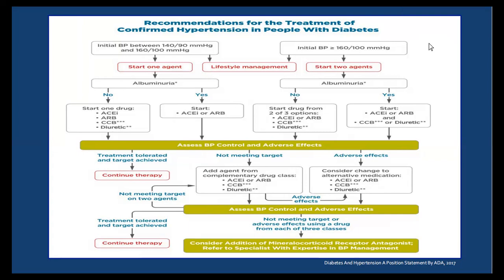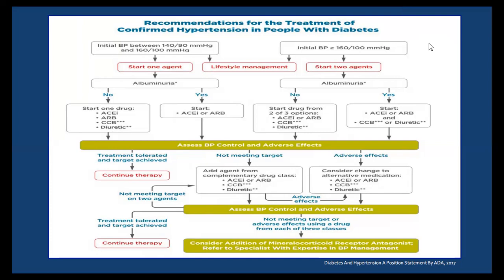Then, if the treatment is tolerated and you achieve the target, continue that treatment. But if you are not meeting your target, you can add complementary agents: ACE inhibitor plus ARB, or calcium channel blockers plus diuretics. Then you continue monitoring the side effects of these drugs.